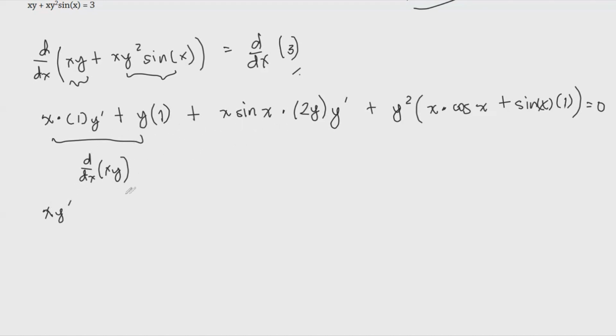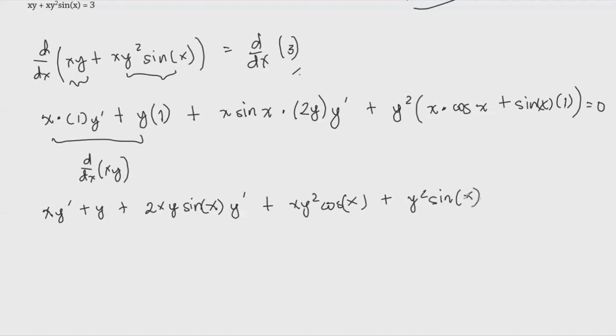So in that way I can also rewrite this as x y prime, simplifying. So plus y and then plus, this can be rewritten as 2xy sine x and then y prime plus, we can expand now here, so xy squared cosine of x, and of course I have the habit of writing x first before y, and then plus, since we have here y squared and then just sine of x and then equal to 0.